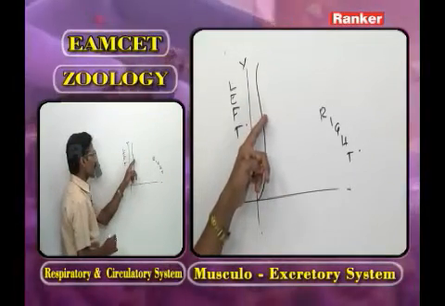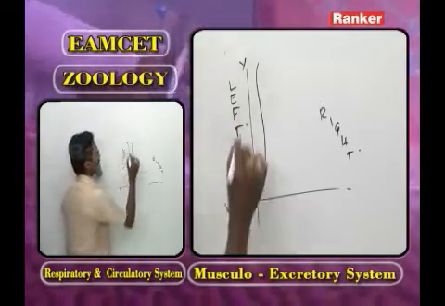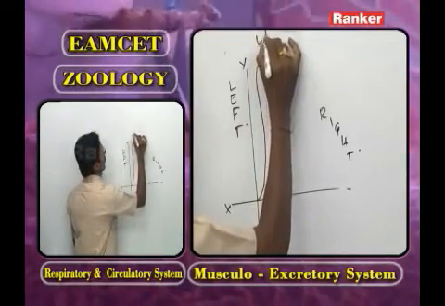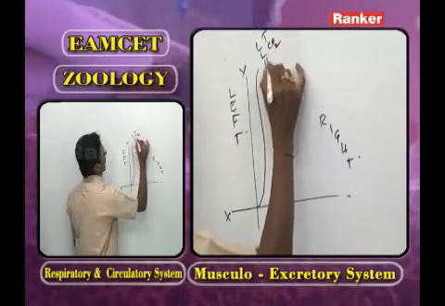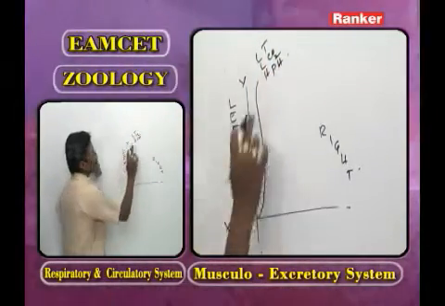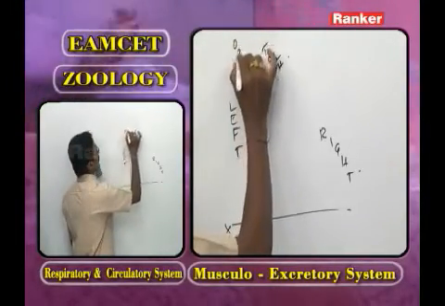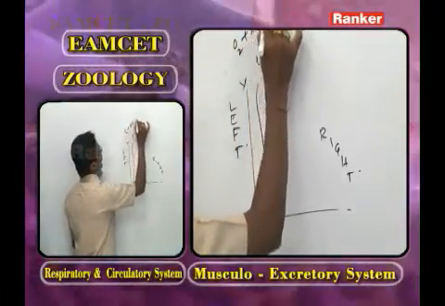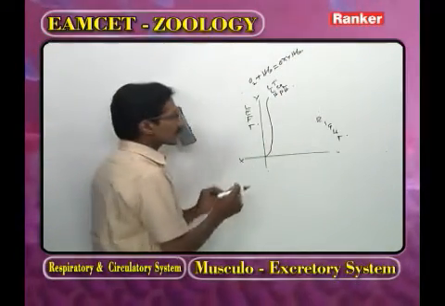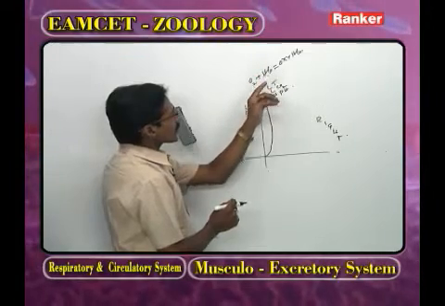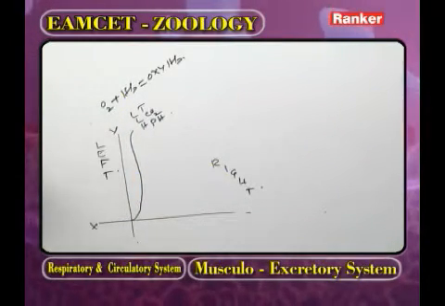Now in the beginning, the curve is present towards the left side. What are the conditions? The low temperature, the low carbon dioxide and high pH. Whenever these conditions are present, the oxygen combines with hemoglobin, and we are getting the oxyhemoglobin. So whenever more oxyhemoglobin is present, the curve is towards the left side.